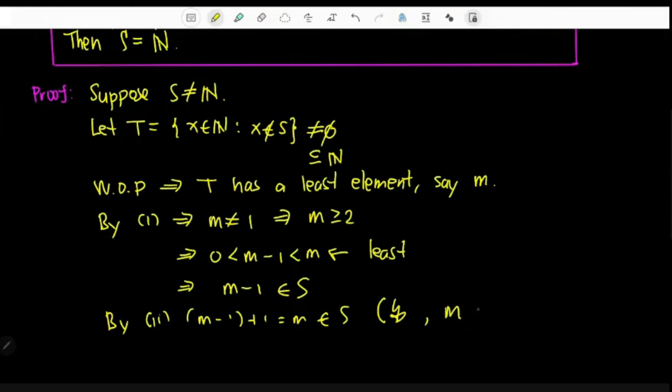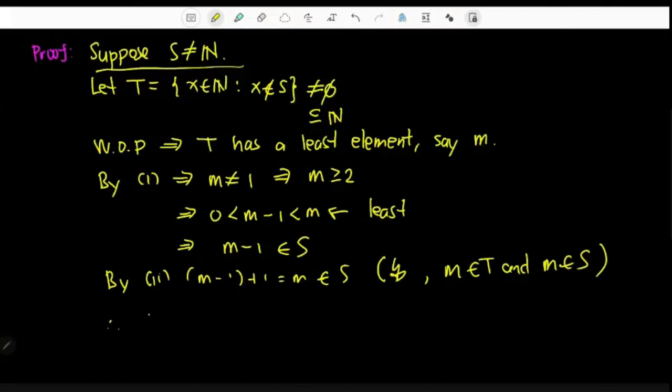M is in T and M is in S. That's a contradiction because T and S contain no common element. By construction, whatever is not in S is in T, so whatever is in T cannot be in S. Since we have a contradiction, that assumption is false. Therefore, S is indeed the set of natural numbers.